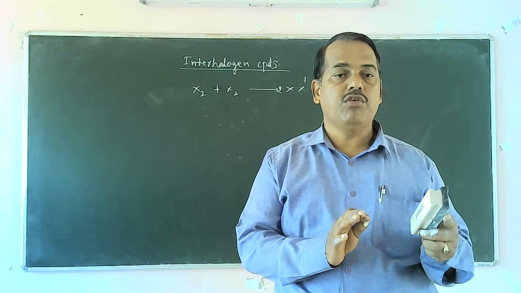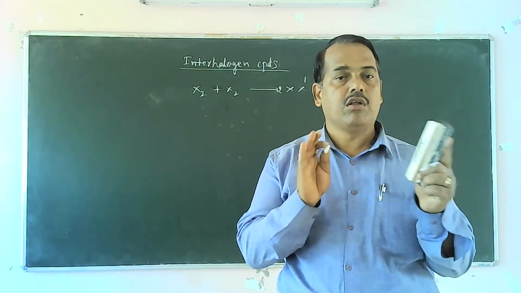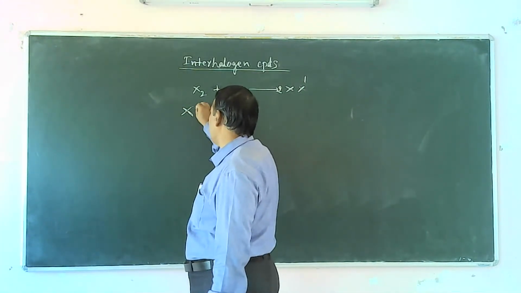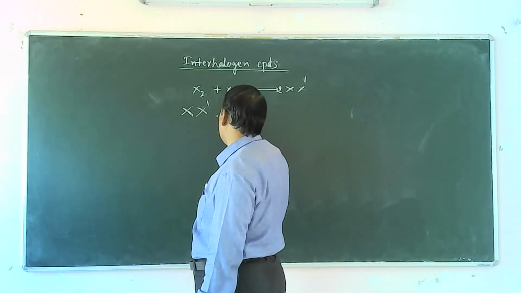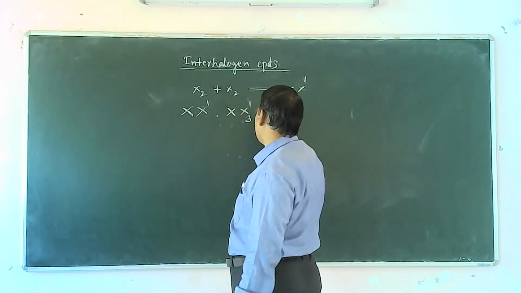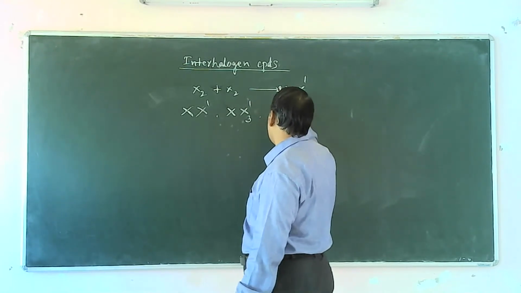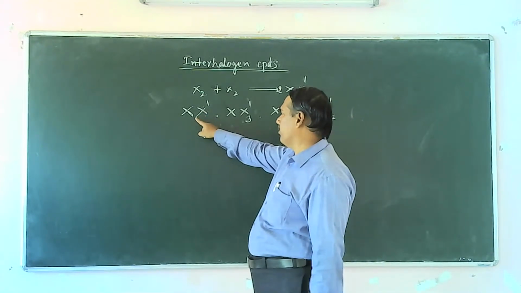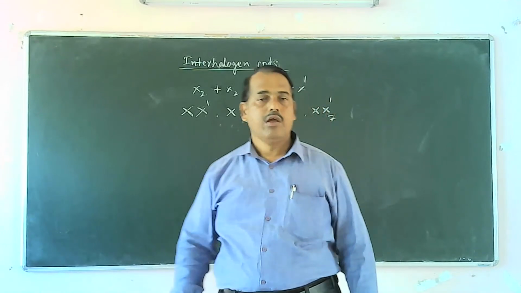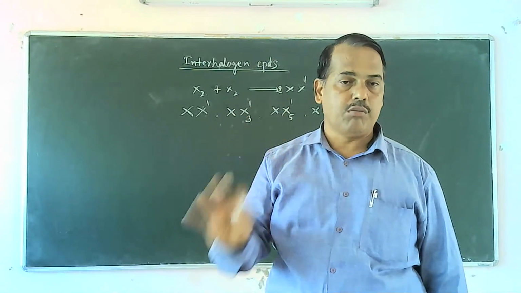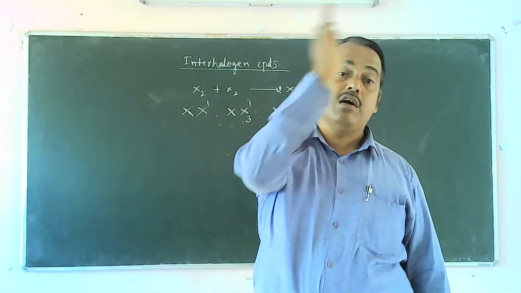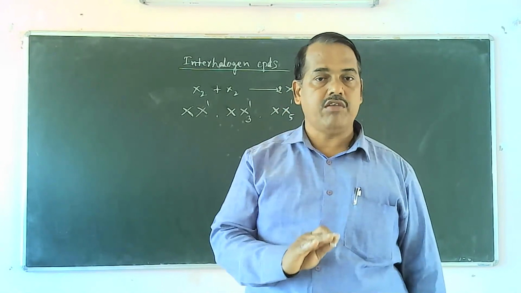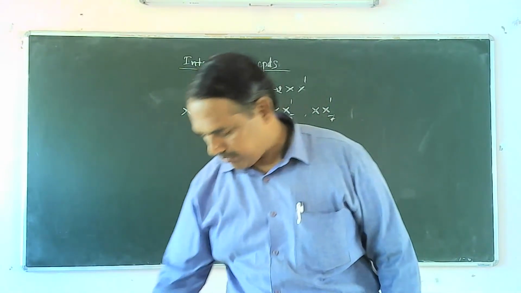In the general forms we obtain XX', XX'3, XX'5 and XX'7. These binary compounds are interhalogen compounds. X is a bigger, larger size halogen, and X' is a smaller size halogen. That we have to remember.